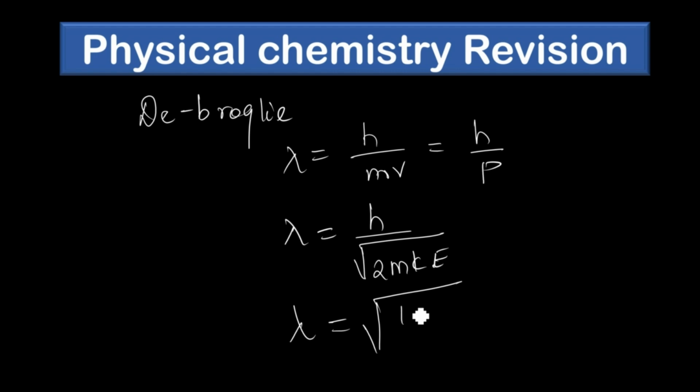The solved form is 150 by V Angstrom. So if the electrons are involved, if the given values are solved, then you will end up with this formula. V is the potential applied to the charged particle. This type of question can also be expected. These two formulas are super important.